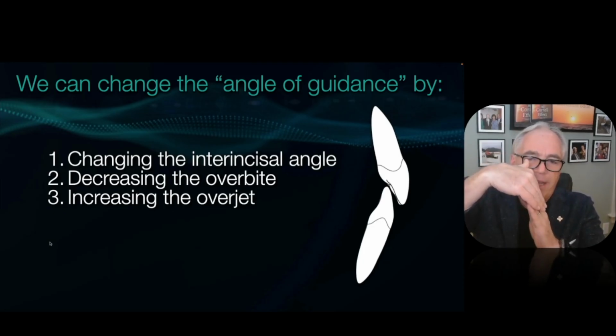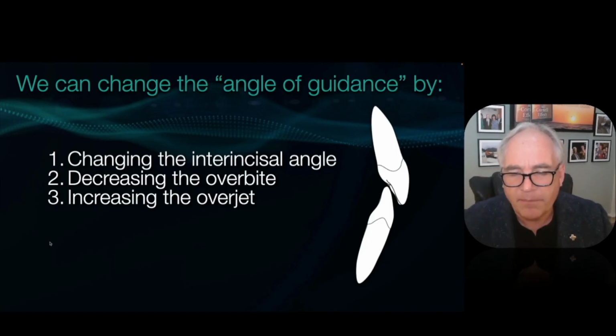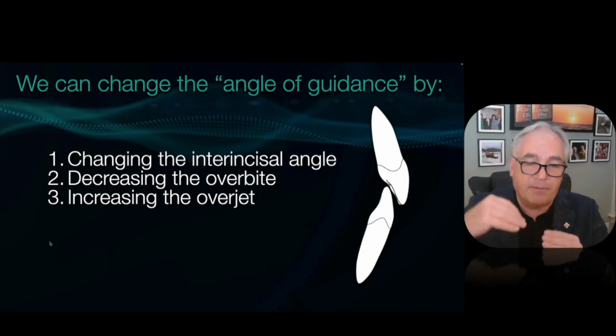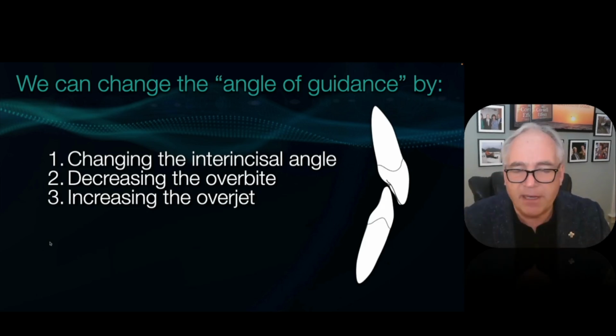And we can also increase overjet either by changing vertical dimension or some sort of orthodontic treatment. But as we look at our cases, it was a very big deal with Brian because remember, he started like this. And so he had worn himself down to nothing. So finding something with him that was steep enough to provide guidance, that was still comfortable for him, was huge.